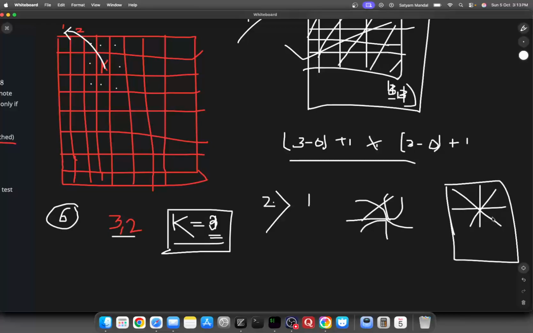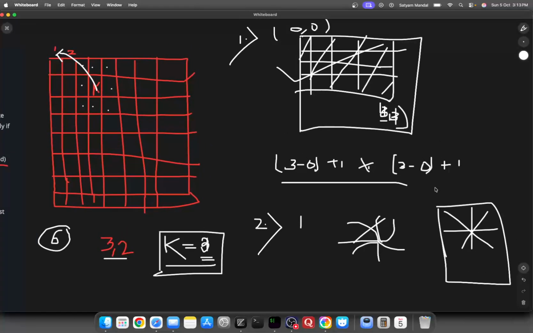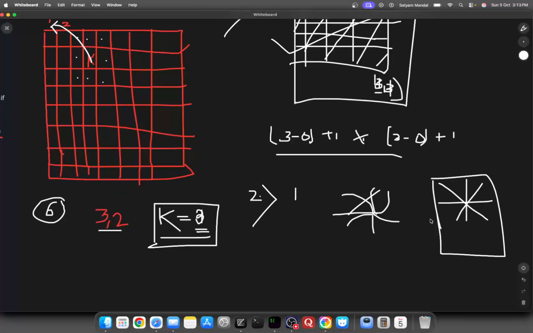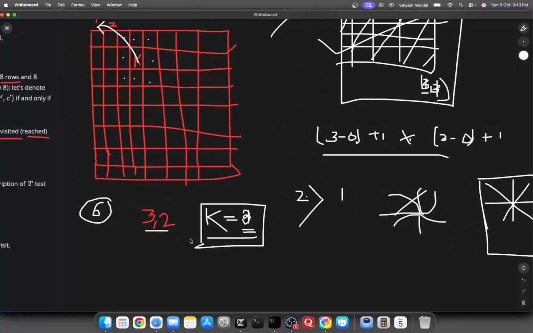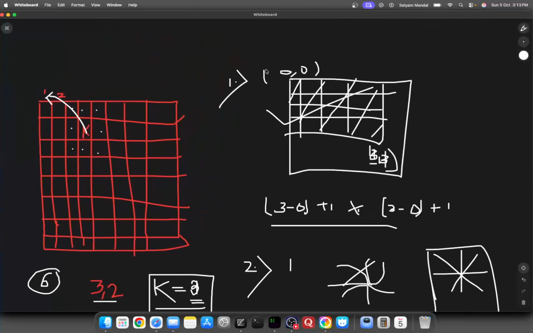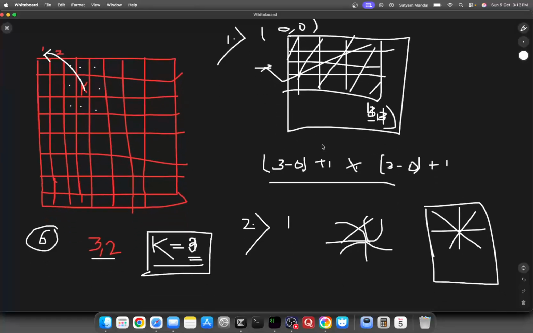But I think it will take log n complexity. Roughly it takes log n, and it will take constant time as well.